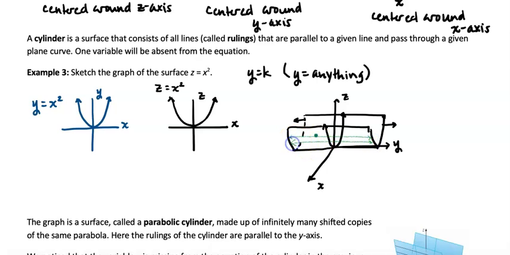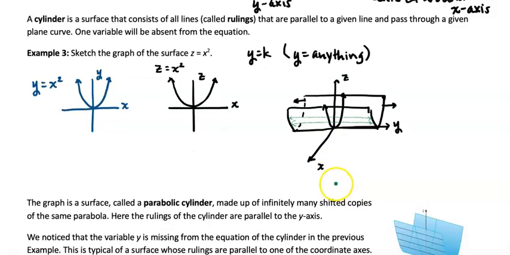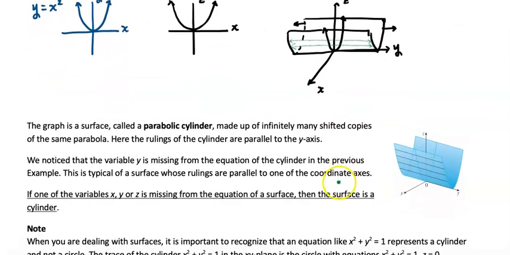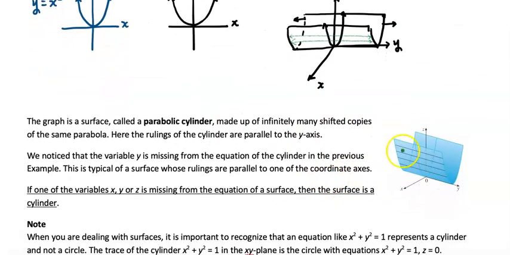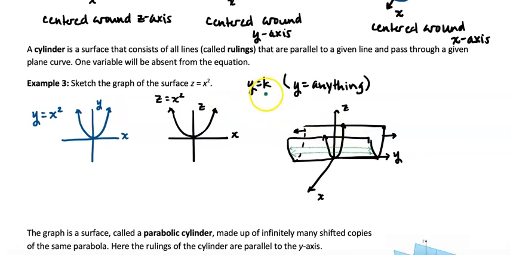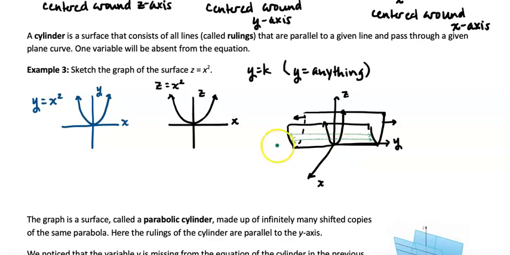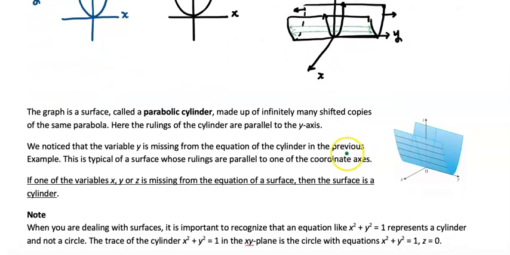Right, so we can draw an infinite number of parallel lines that lie along this curve z is equal to x squared. That's just an alternate definition for our cylinder. So this is called a parabolic cylinder. Now we notice that the y variable is missing from this equation, and so that's going to be the axis on which this cylinder lies.